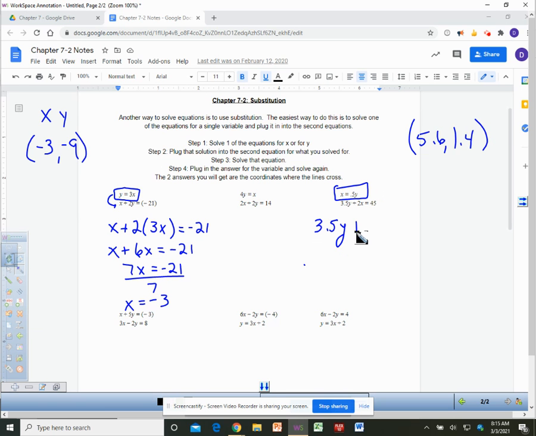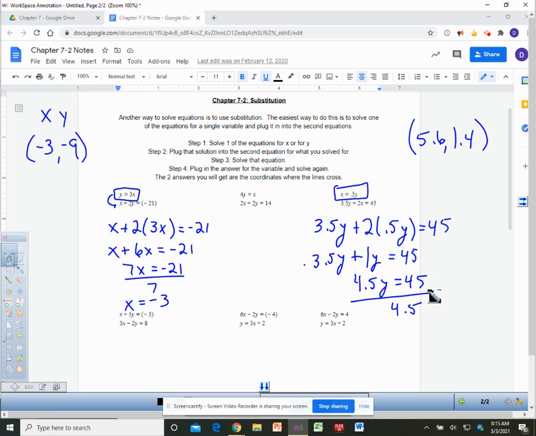So 3.5y plus 2 times 0.5y equals 45. 3.5y plus 1y is 45. So 4.5y is 45. So I'm going to divide by 4.5. And y is going to equal 10. So that's my y value.